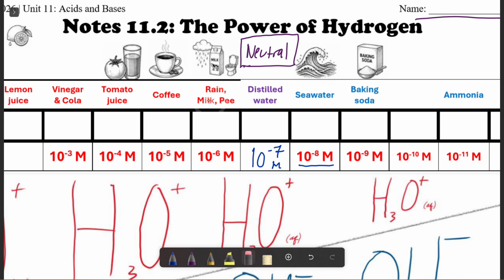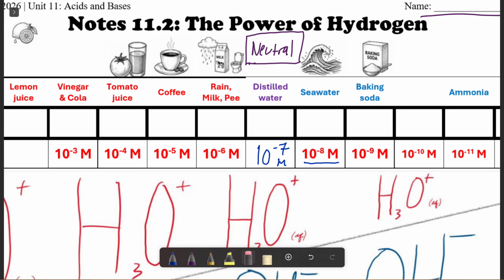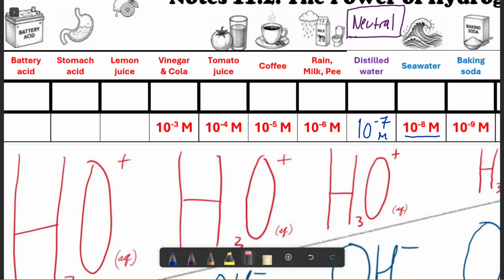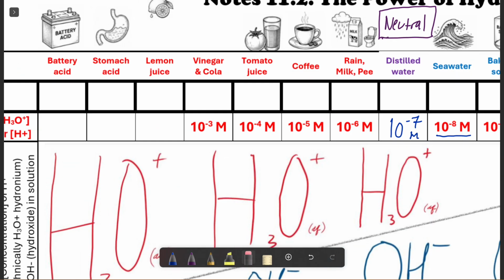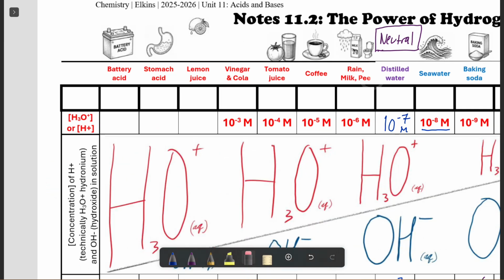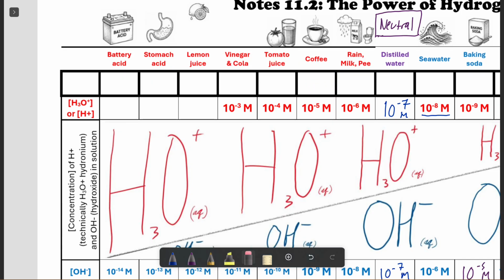Or if it rains in a lake, that's going to get a little more hydronium, or urine will also add more hydronium to water. If I add coffee to that water, or pressed tomatoes to the water, all of these products up here, you'll notice are mostly water, but I'm adding things to it to change the concentration of H plus or to change the concentration of H3O.